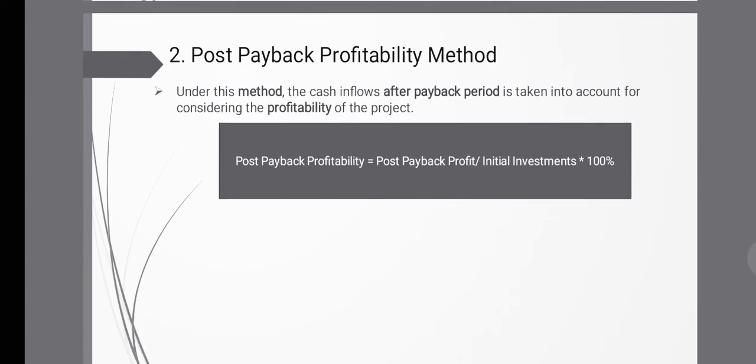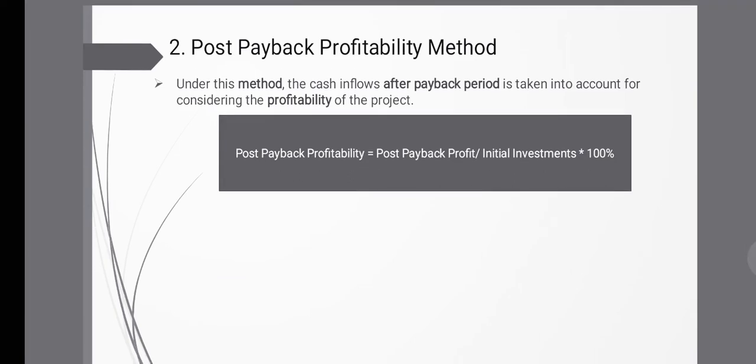Post-payback profitability: under this method, the cash inflows after the payback period are taken into account. For example, there are two projects, A and B, and both require an initial investment of 1 lakh rupees. In project A, you're getting 30,000 per year for 5 years, so after 3.333 years you will have your payback period, because you'll be able to recover your 1 lakh rupees.